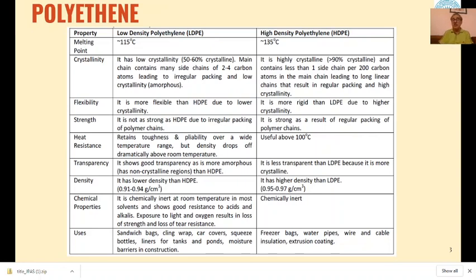Whereas high density polyethylene remains chemically inert.